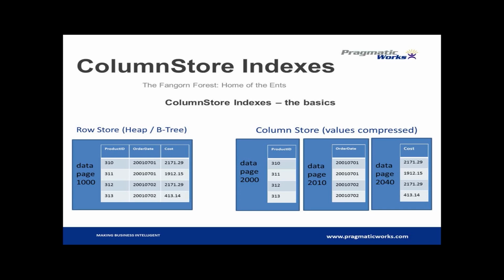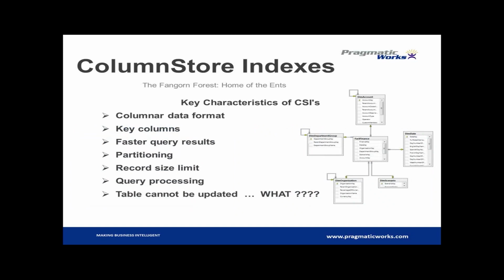And the management overhead of all these little tables, because you've got a summary table for each specific column, is total overhead, and it's really unnecessary now with the new ColumnStore indexes, because ColumnStore indexes will almost do that for you. So let's have a look at some of the key characteristics of ColumnStore indexes and delve a little bit deeper into them.